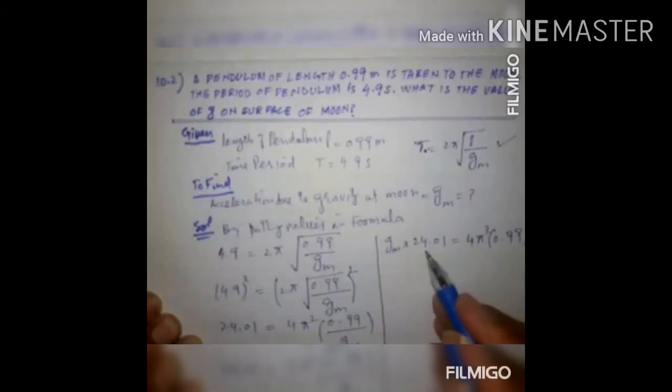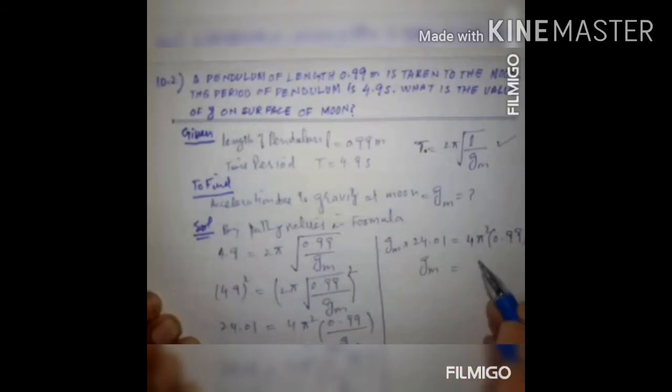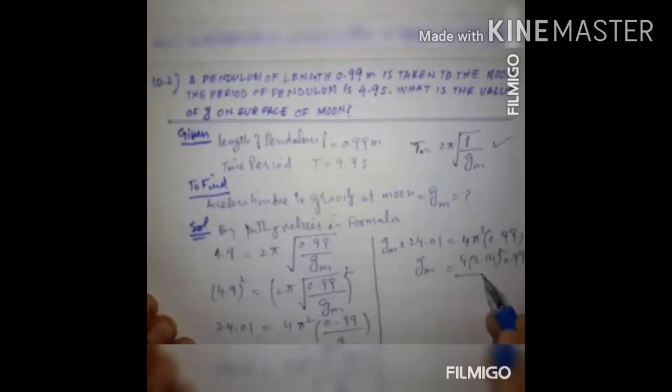By dividing 24.01 on both sides, we will get gravity at the moon is equal to 4 into 3.14 whole square into 0.99 divided by 24.01, which is equal to 39.04 divided by 24.01, and we will get gravity at the moon is equal to 1.62 meter per second square.